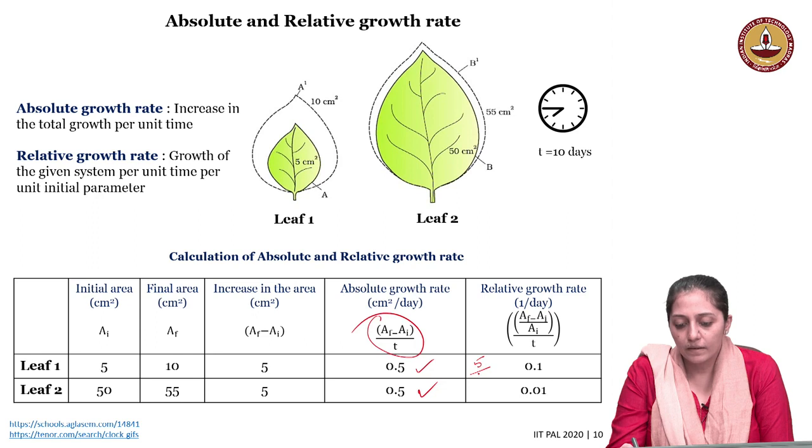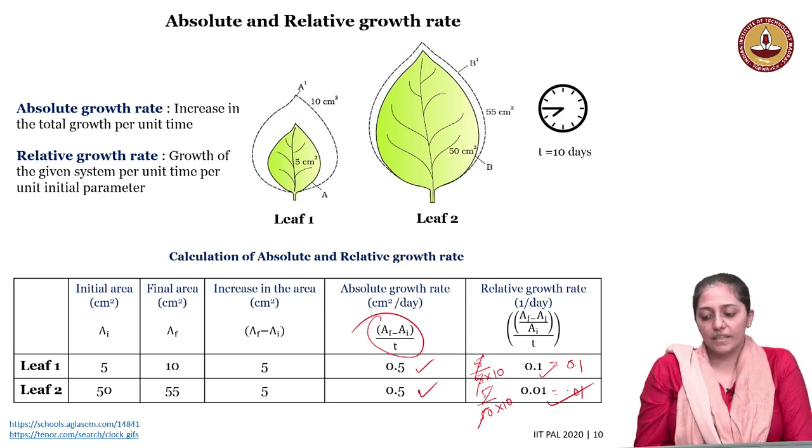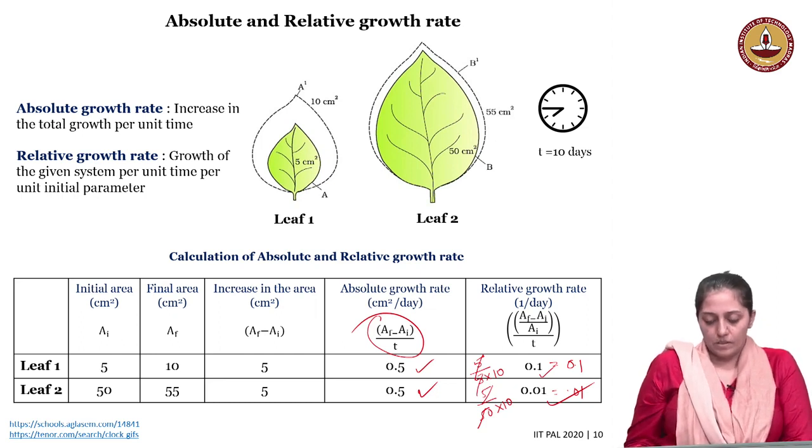So, 5 by 5 divided by 10 days, and in the second case it will be 5 by 50 divided by 10, which is the time. So, here it becomes 0.1 and here it becomes 0.01. So, now you can see that in terms of relative growth rate, leaf 1 has a higher relative growth rate than the leaf 2. So, this can be used for making comparisons.